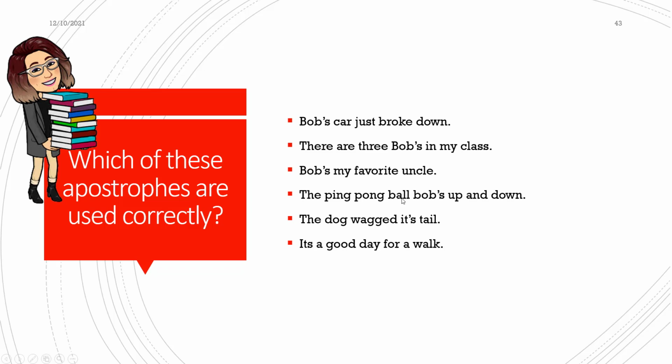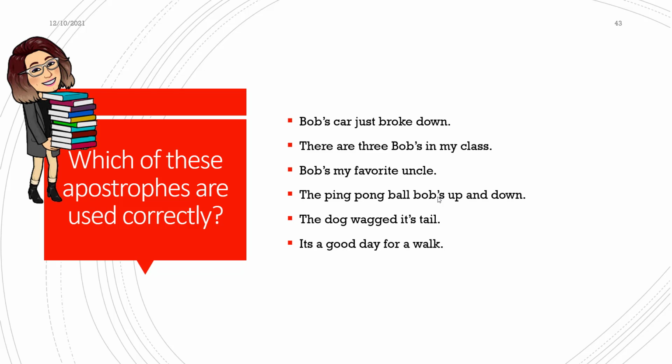A singular subject takes a singular verb, and this particular verb doesn't have an apostrophe because it's an action verb. It's not a contraction. This is subject-verb agreement: the singular subject, ball, takes the singular verb, bobs, B-O-B-S, period, and no apostrophe.